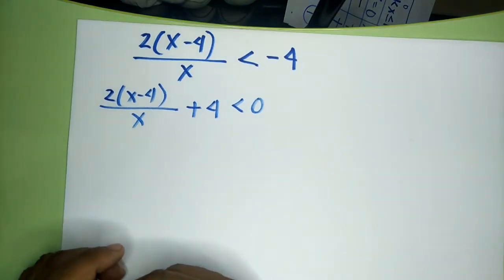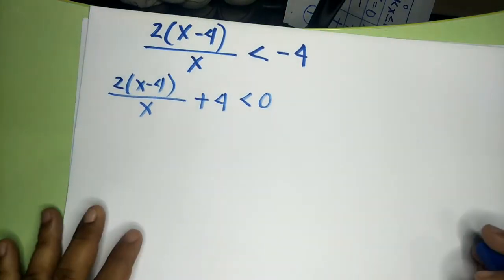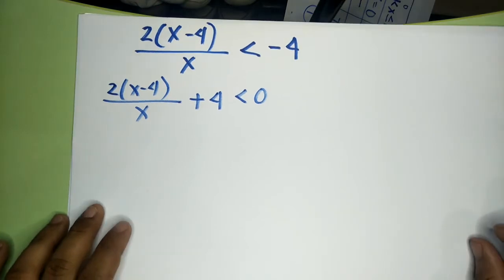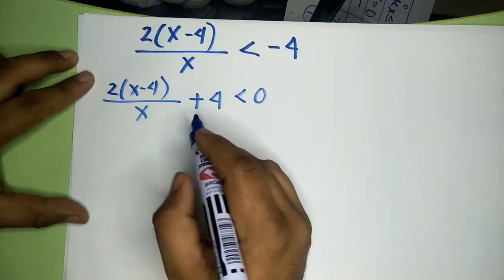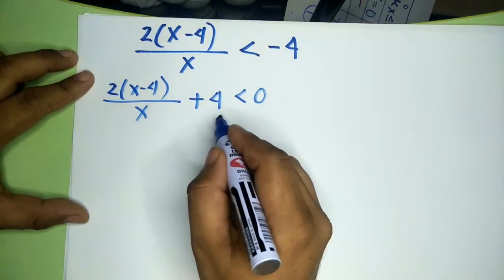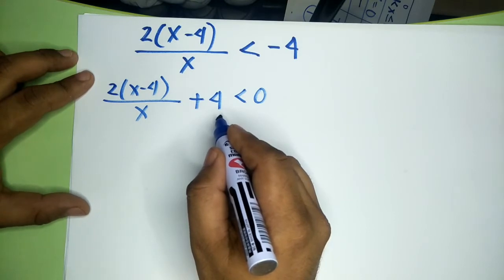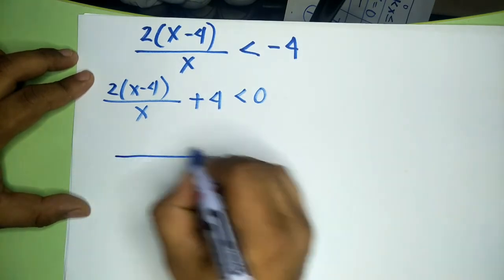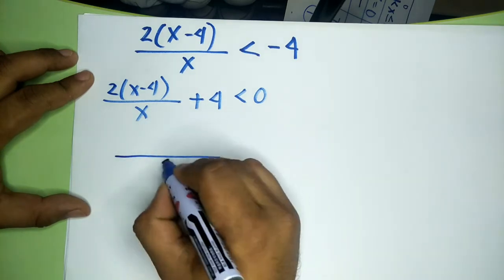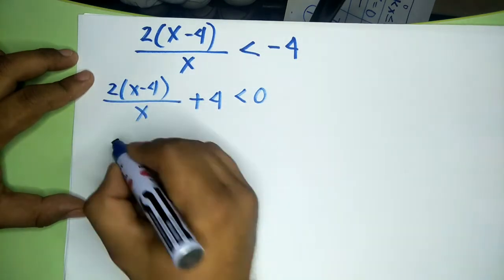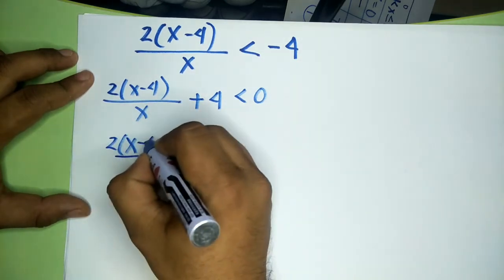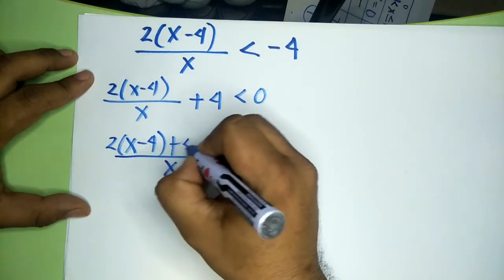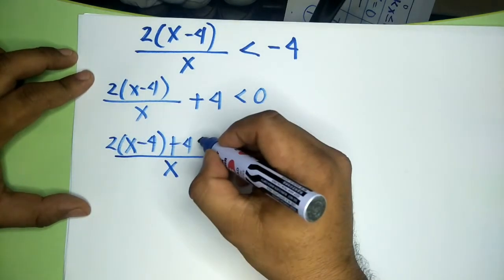Then, express natin siya as single rational expression. So, ang LCD natin dito ay x dahil yung ating i-add ay whole number. So, automatic yung ating denominator ang ating LCD. And then, copy na lang natin yung nasa taas. Then, plus 4. So, yun ang i-multiply natin yung sa x.